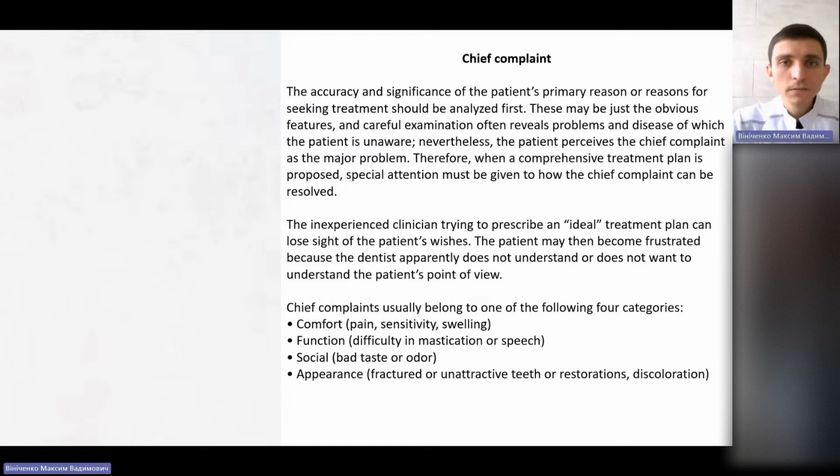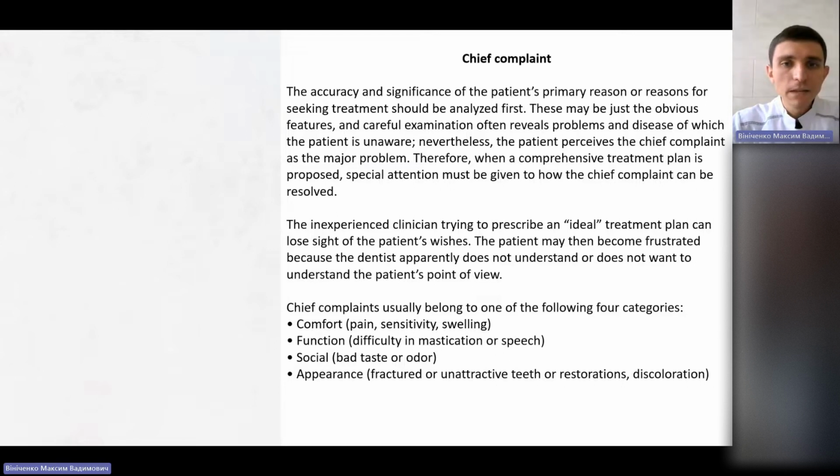Nevertheless, the patient perceives the chief complaint as the major problem. Therefore, when a comprehensive treatment plan is proposed, special attention must be given to how the chief complaint can be resolved. The inexperienced clinician trying to prescribe an ideal treatment plan can lose sight of the patient's wishes.